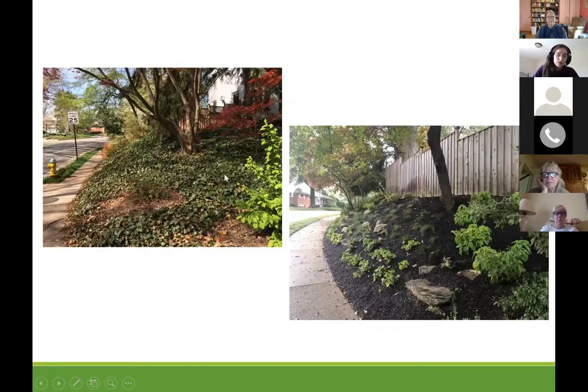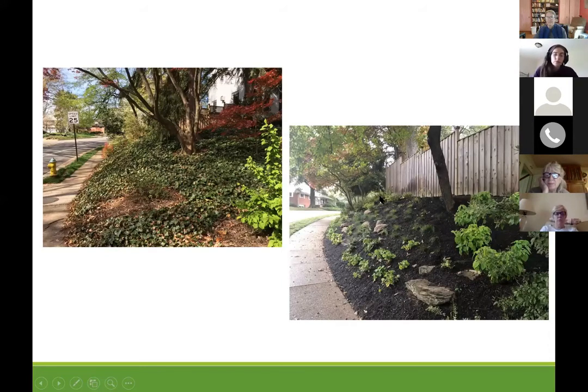A hill slope that has English ivy here. So that was removed, and it looks like maybe some Carex pennsylvanica, some Pennsylvania sedge that was added in, maybe some shrubs as well on the side, and I'm not sure if that's Heuchera or Tiarella in the front or what that is.